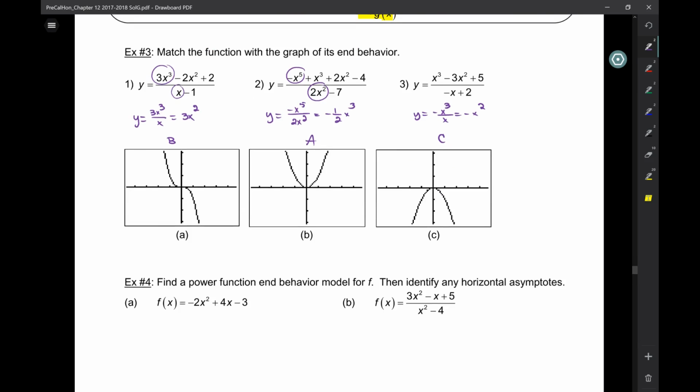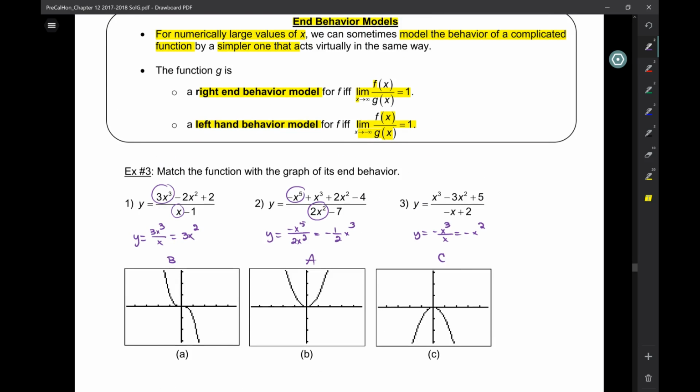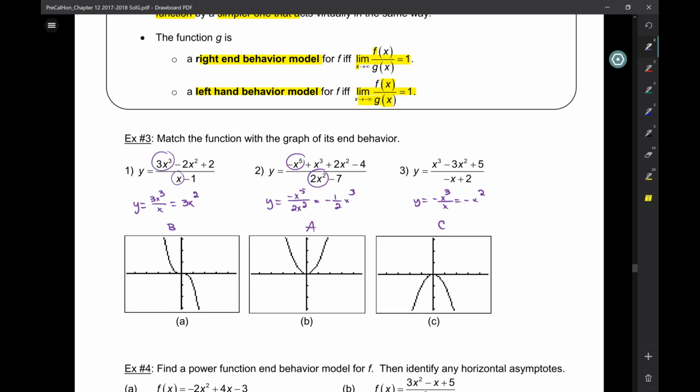End behavior model. Because a lot of times, for example, there's a gas leak, and it spreads according to a model. You want to know, 50 years down the line, how is this going to affect us?